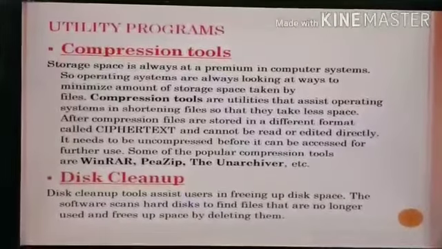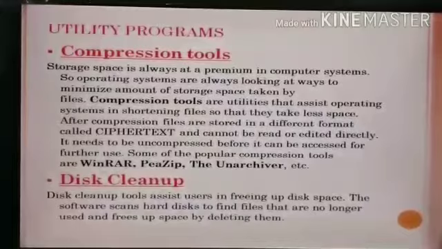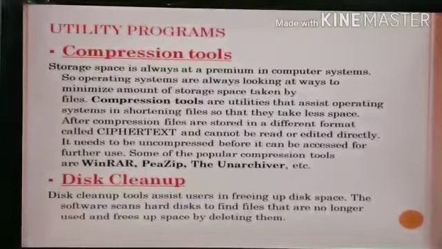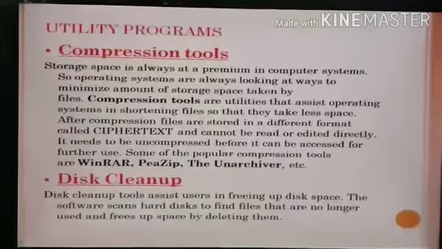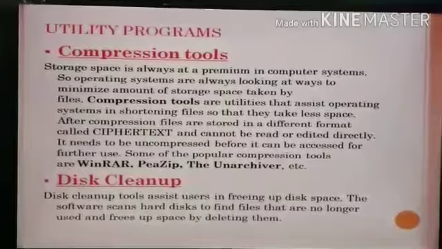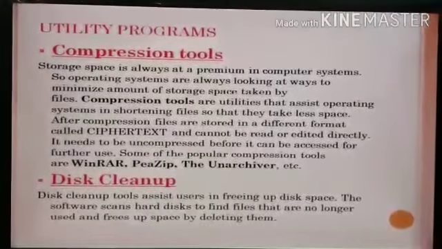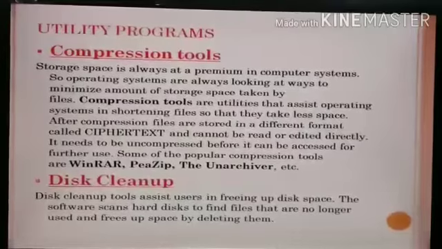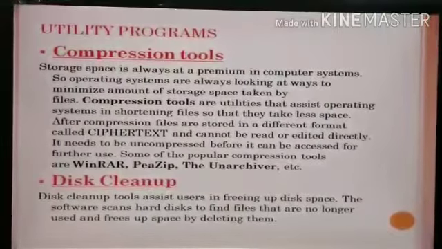When we compress, after compression files are stored in a different format called ciphertext and cannot be read or edited directly. When we compress the files, they convert into a different, encrypted format. That format is called ciphertext and that cannot be read or edited directly.